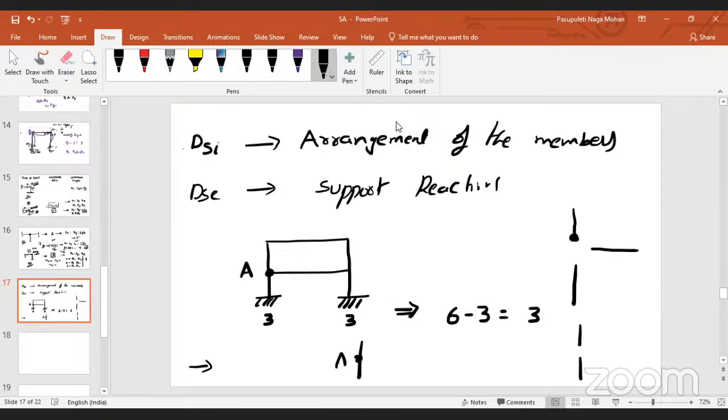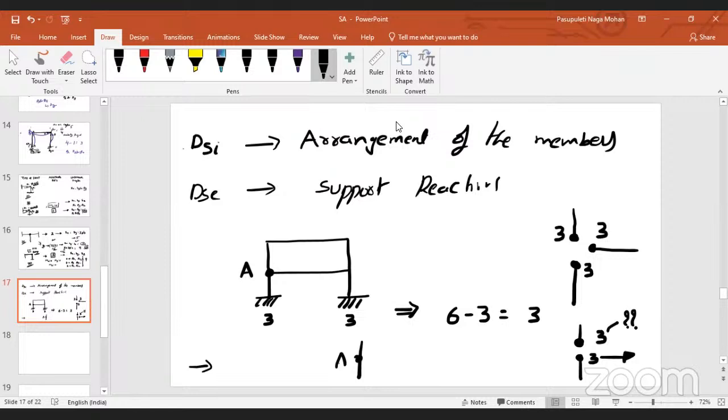At this point, how many internal forces are possible? 3. At this point, how many are possible? 3. Similarly, if 2 members are connected, at this point, how many are possible? 3. At this point, how many are possible? 3. Now tell me, if I know these 3, can I know this or not?